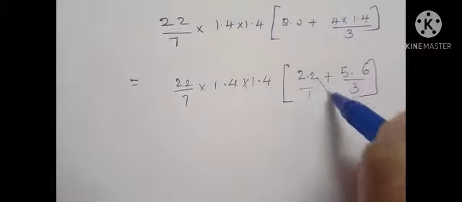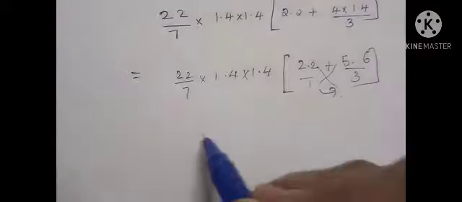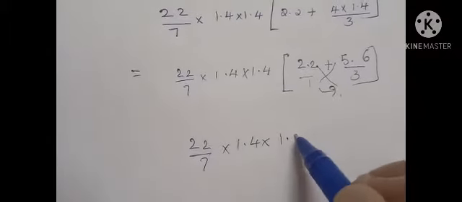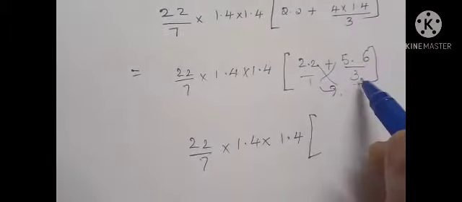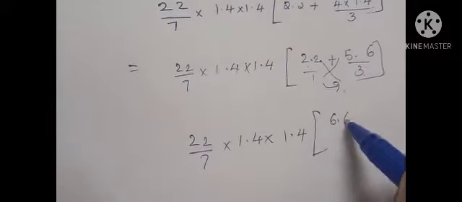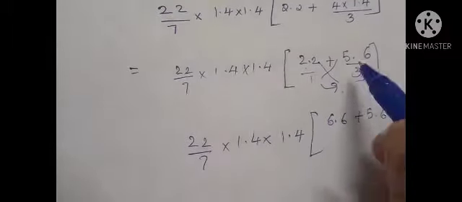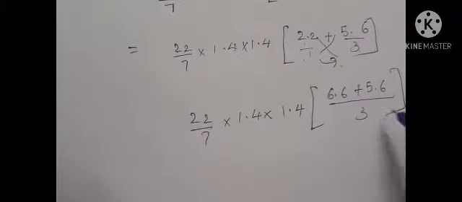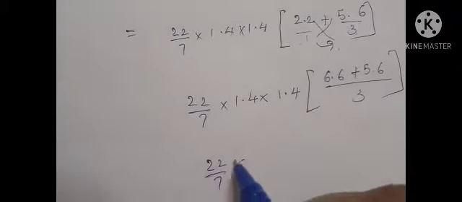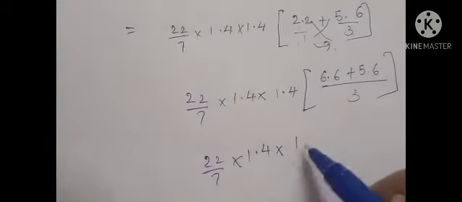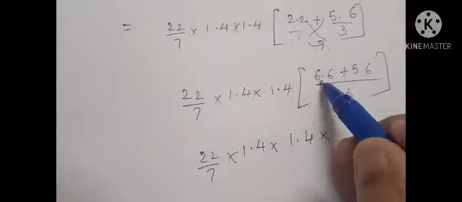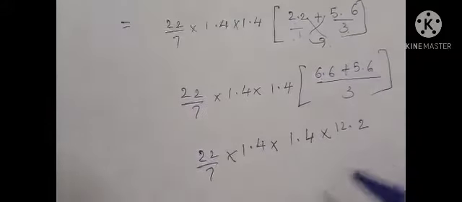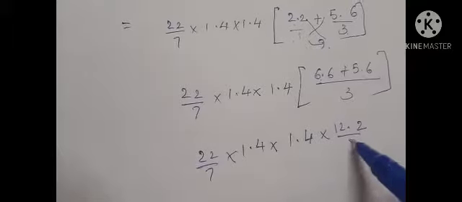Then we can do the cross multiplication in the bracket. So 2.2 into 3 is 6.6 plus 5.6, and 5.6 by 1 into 3 is 3 itself. Then 22 by 7 into 1.4 into 1.4 into 6.6 plus 5.6, which is 12.2, then by 3.